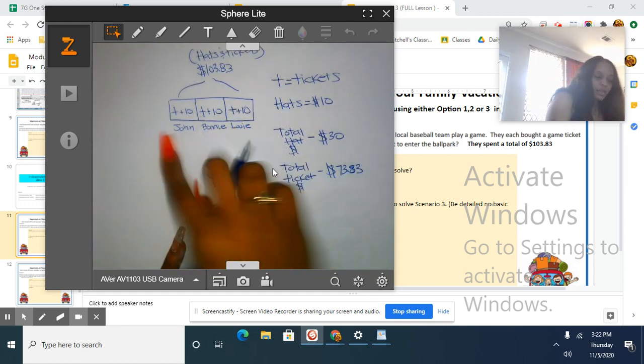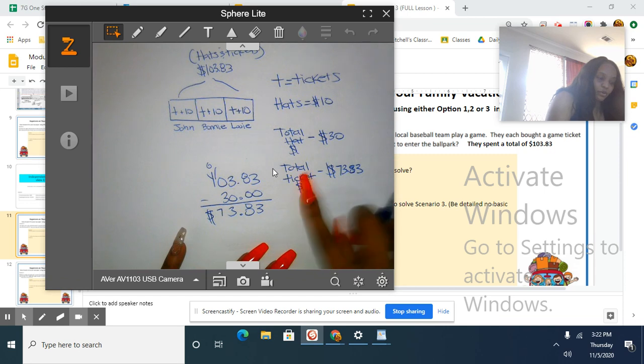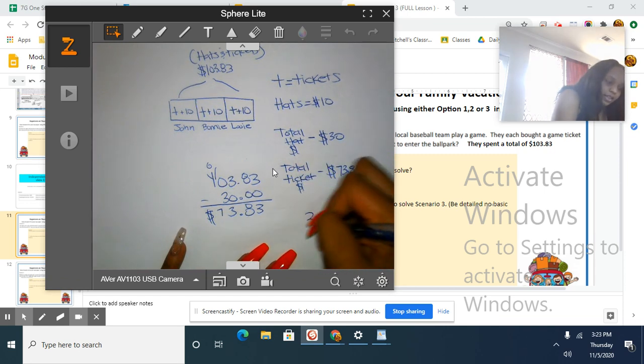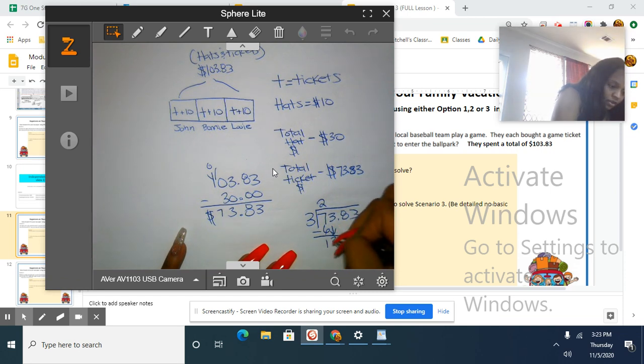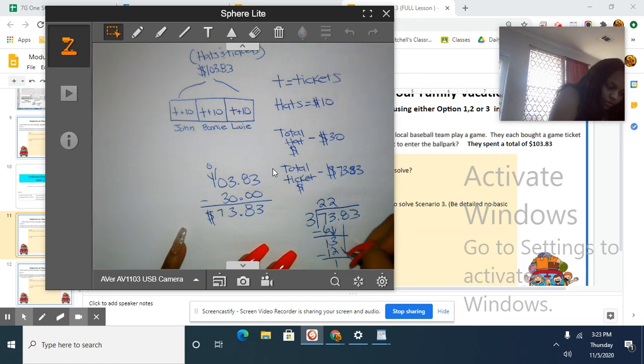Since we have 3 people, and this was the total they spent for 3 people, we have to divide that by 3. We'll do the division. Make sure you put that decimal. Oops, sorry, I accidentally put 2.